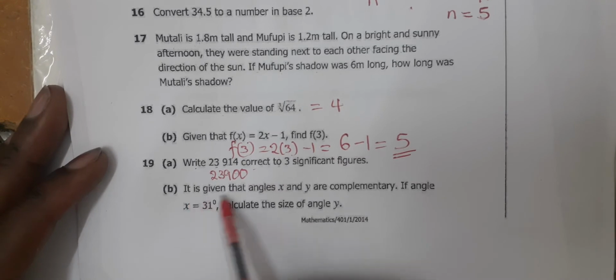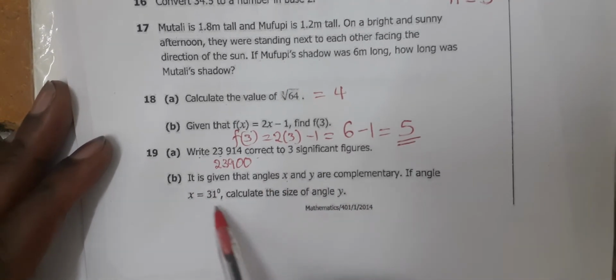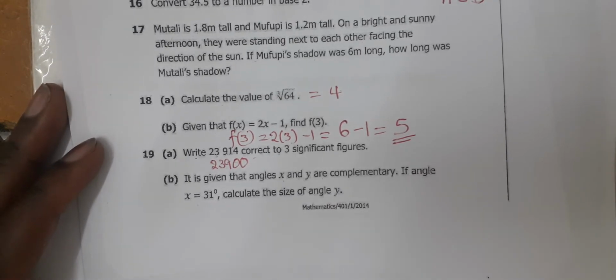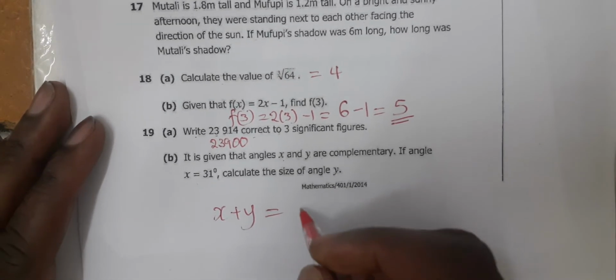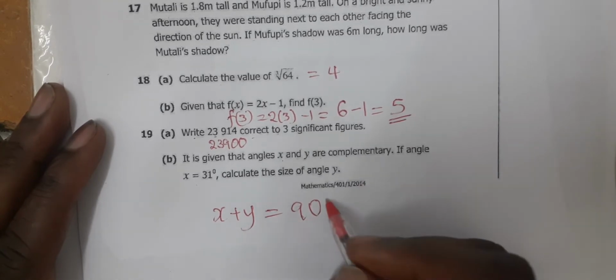Then it is given that angle x and y are complementary angles. If angle x is equal to 31, then find angle y. So we know that x plus y should add up to 90. Complementary angles add up to 90 degrees.